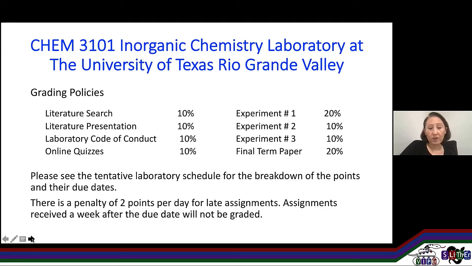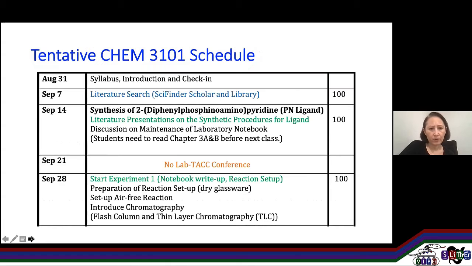And we do have a very tentative schedule, but that actually fluctuates quite a bit depending on how they're proceeding. The online quizzes are very simple NMR quizzes or chromatography quizzes, just to make sure that they do their assigned readings. So this is just a tentative full schedule. Again, we meet the first time in the computer lab, and some of them are not in the lab because our labs were not equipped to do any PowerPoint presentations in the past.